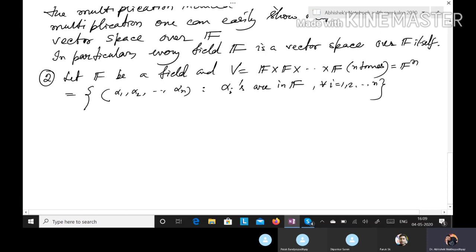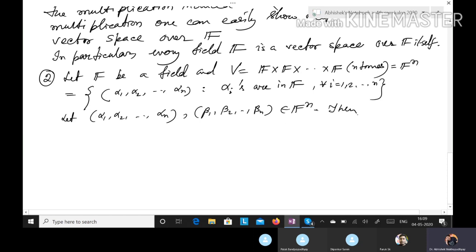Now we can define vector addition and scalar multiplication. So you can define the addition component wise and scalar multiplication as follows. Let us have two elements, alpha 1, alpha 2, alpha n, and another one, beta 1, beta 2, beta n, in Fn.